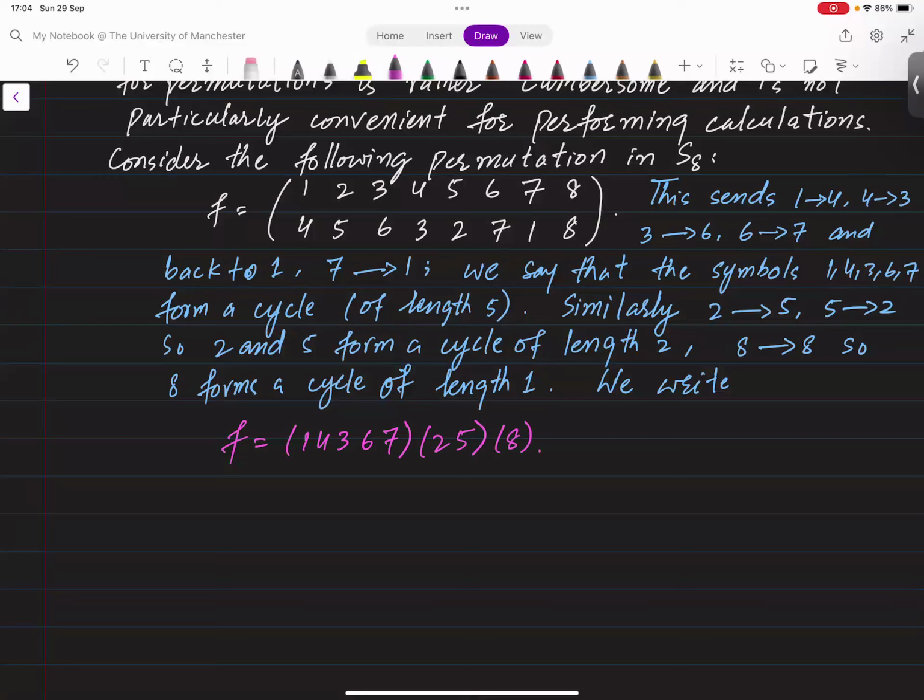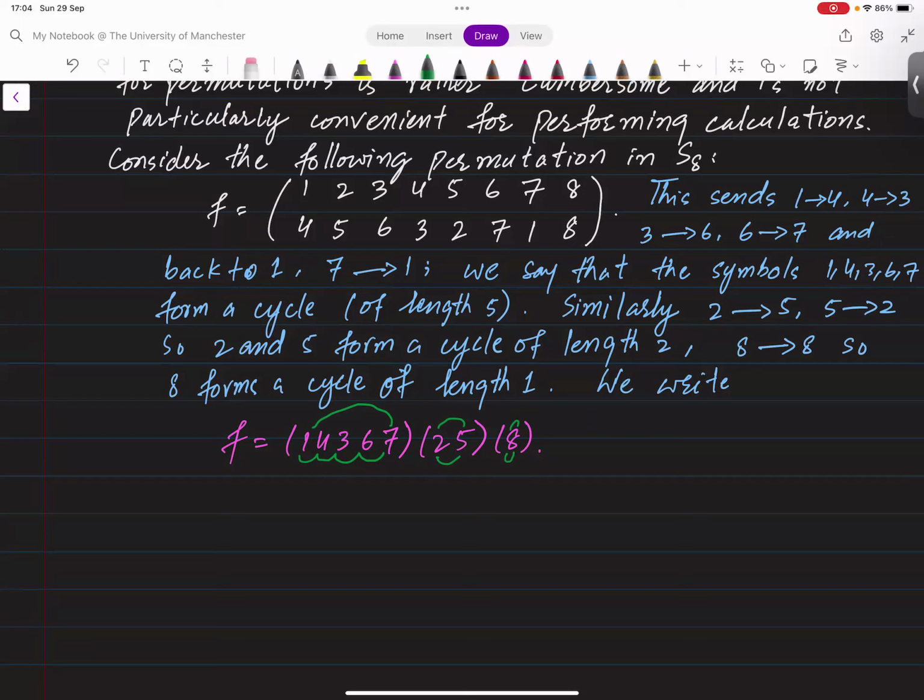If you look thoroughly at this cycle notation, you will find that we send 1 to 4, 4 to 3, 3 to 6, 6 to 7, and then we are back from 7 to 1. Similarly, 2 to 5, and then 5 to 2, then we have a loop on 8, so it is fixed.